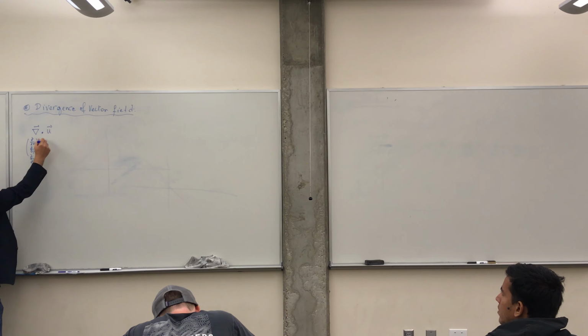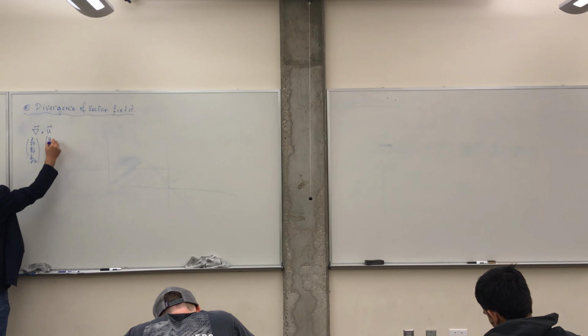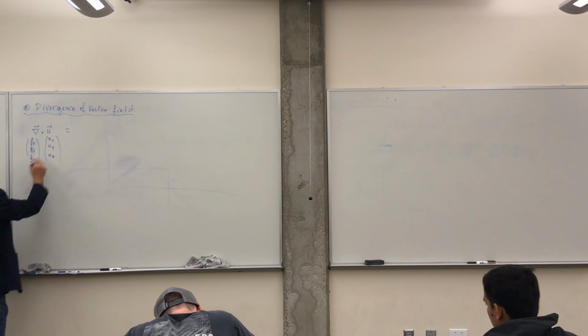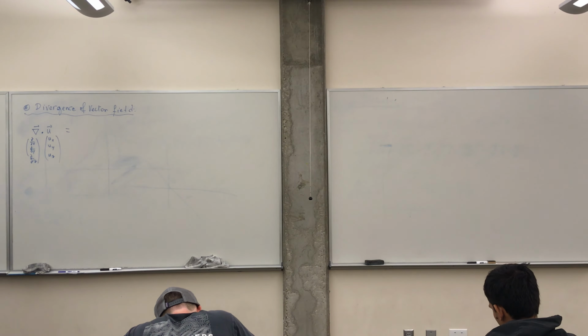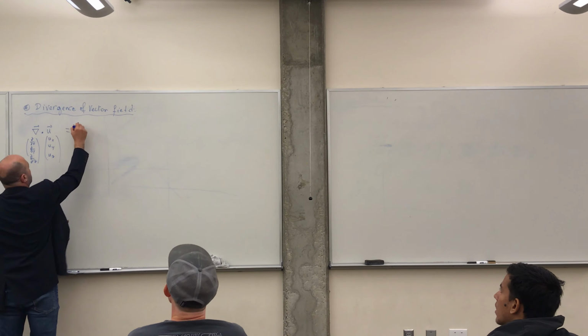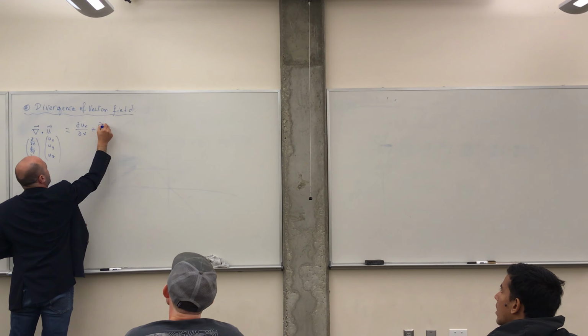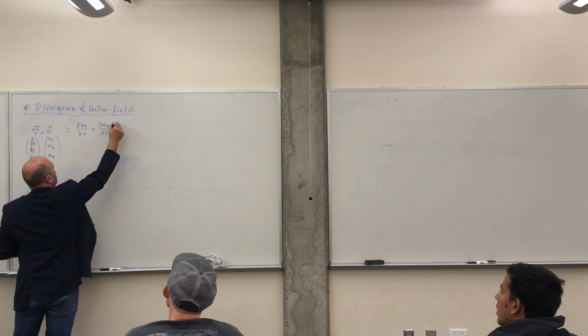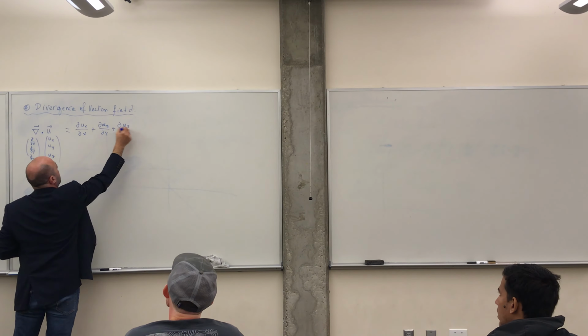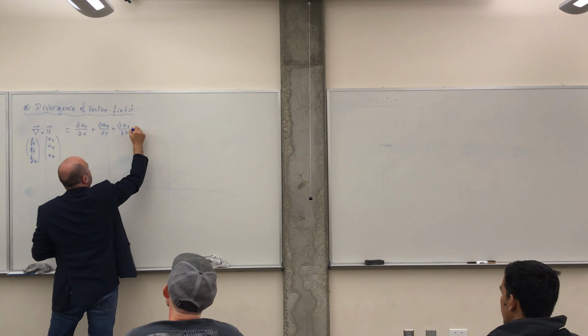These are the three components of nabla, and u is u1, u2, u3, or ux, uy, uz. So what is the dot product? Sum of the products of the components. We learned that last week. So essentially, it's dux by dx plus duy by dy plus duz by dz, and that's a scalar.